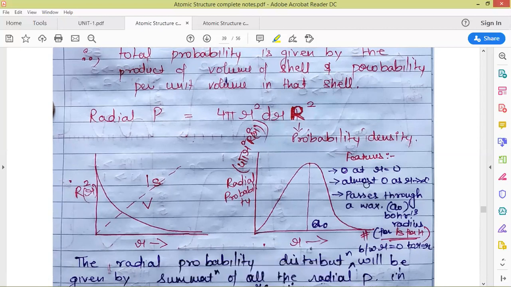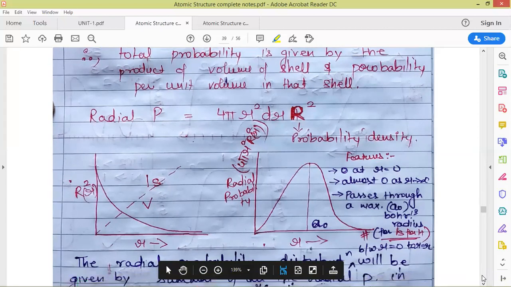So these are the features of this curve: it has 0 probability at r equal to 0, which is our requirement. It is almost 0 at r equal to infinity, which is again our requirement. Next, it passes through a maxima, which gives us the maximum probability of finding the electron, and this is equal to the Bohr radius.